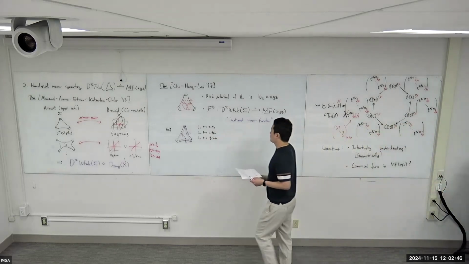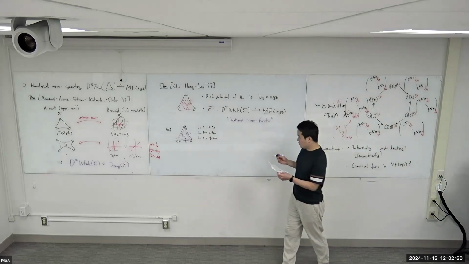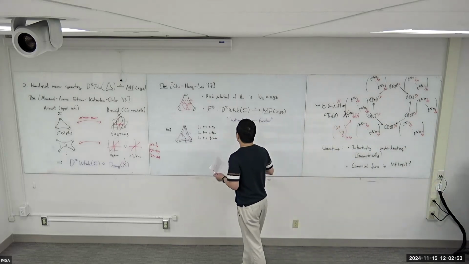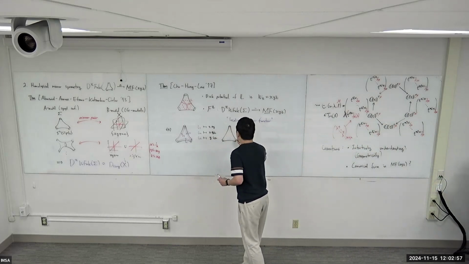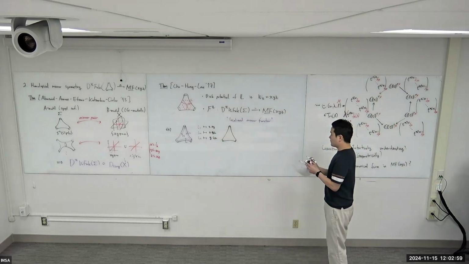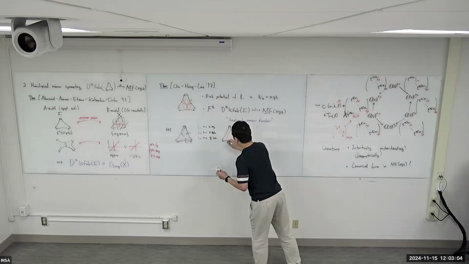So the way to make more examples of matrix factorizations is also to consider more complicated curves. For example, they do not have to be simple anymore.